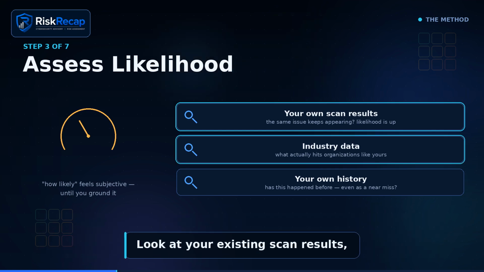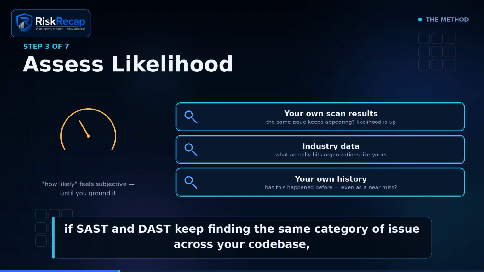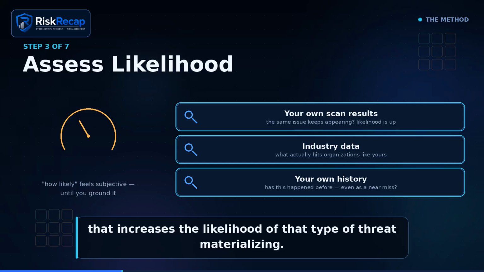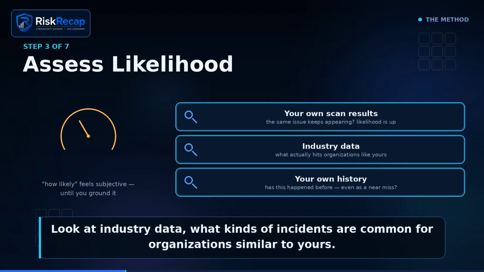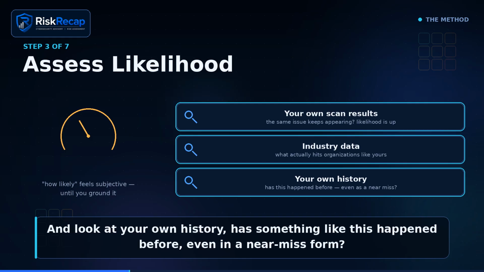If SAST and DAST keep finding the same category of issue across your code base, that increases the likelihood of that type of threat materializing. Look at industry data. What kinds of incidents are common for organizations similar to yours? And look at your own history. Has something like this happened before, even in a near-miss form?